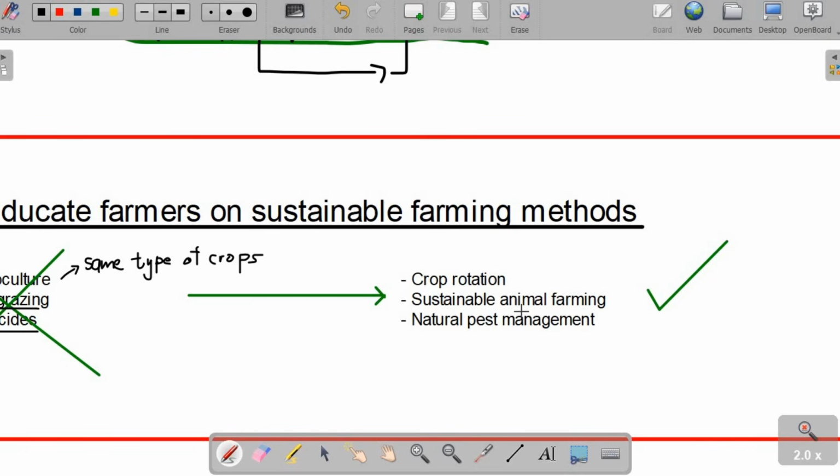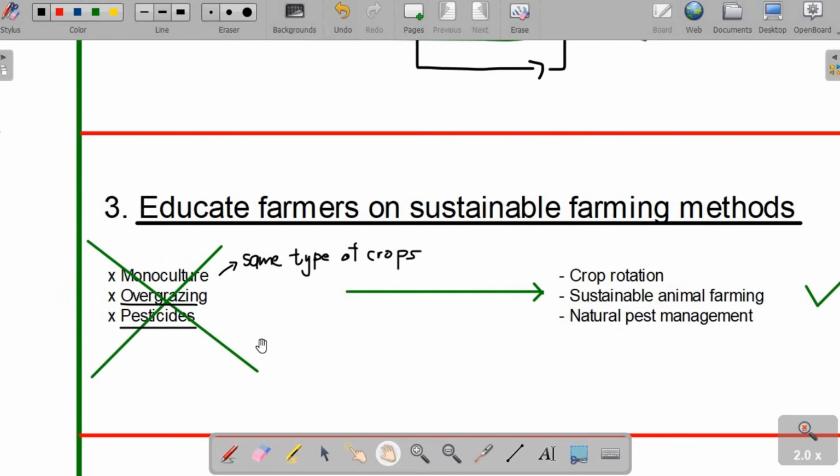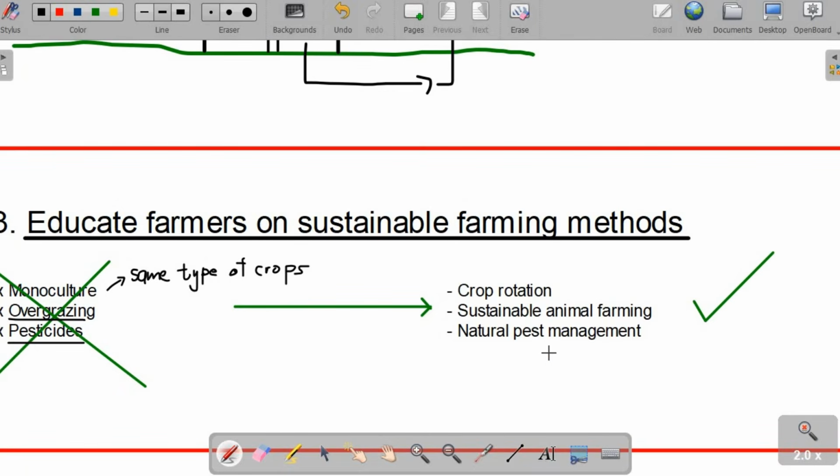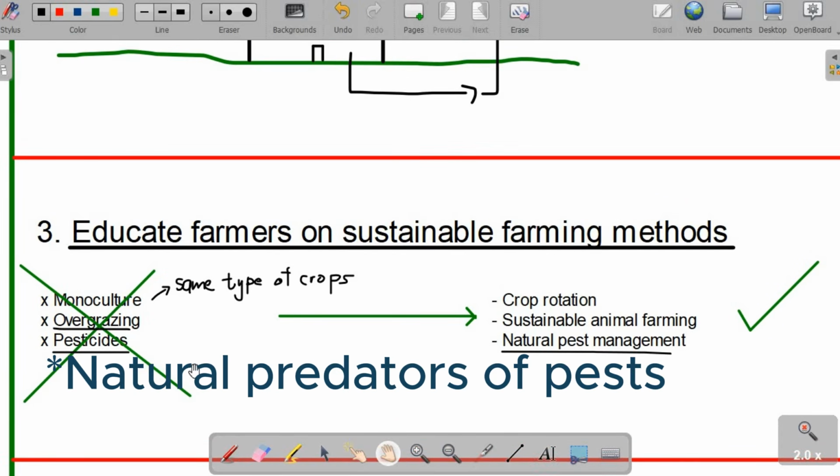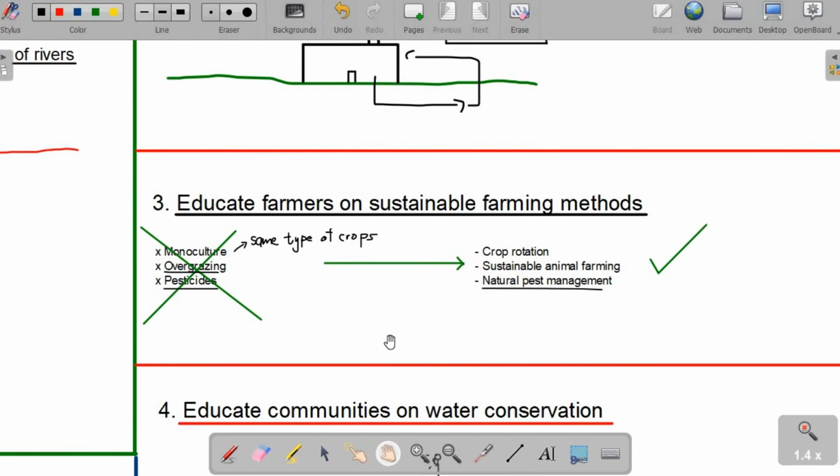There should be sustainable animal farming, which counteracts overgrazing, ensuring that your animals graze at different plots of your fields at a particular time. There should be natural pest management. Instead of using pesticides, why not use natural predators of those pests, or make use of GMOs as well? That can also be very beneficial.